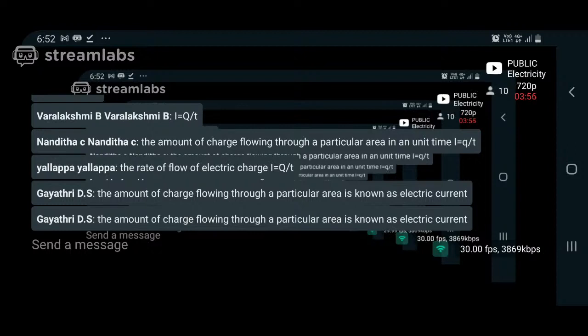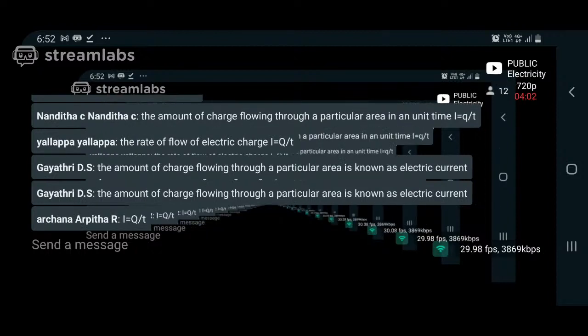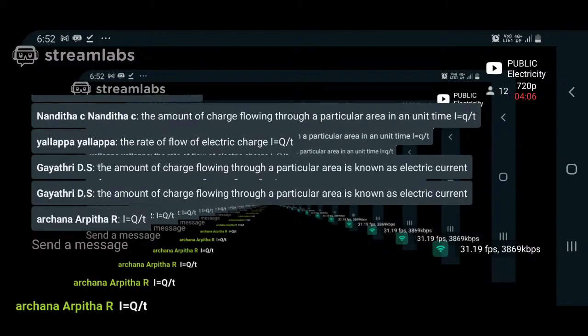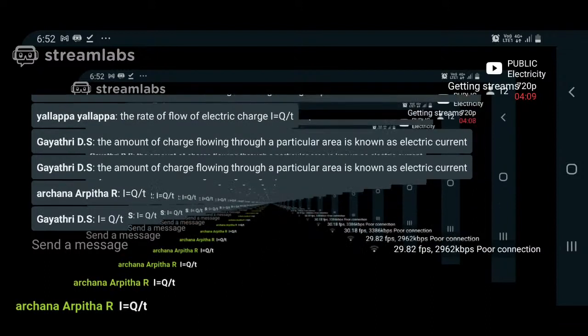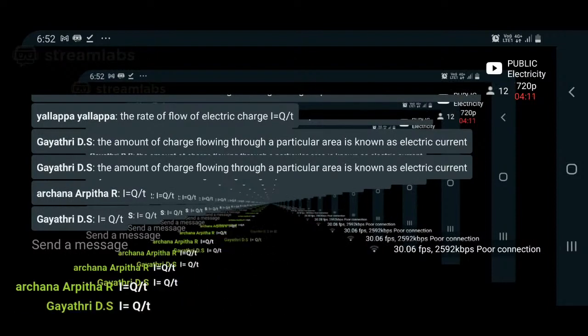Okay, meanwhile, you be answering: what is the equivalent value of Coulomb? What is the equivalent value of Coulomb?